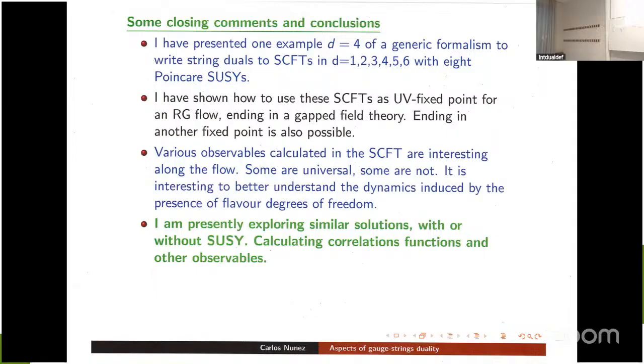One of them is behind you, the other is in front of you. You can play this game, performing exactly this deformation to the Lunin-Maldacena system, and it will give you something. It will not preserve integrability. This particular deformation will not preserve integrability.